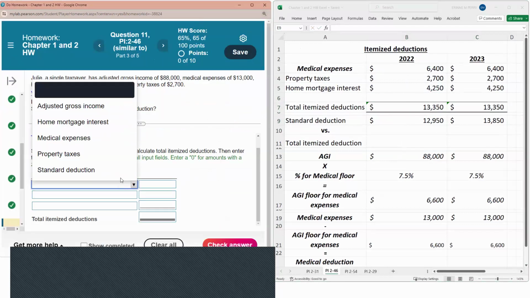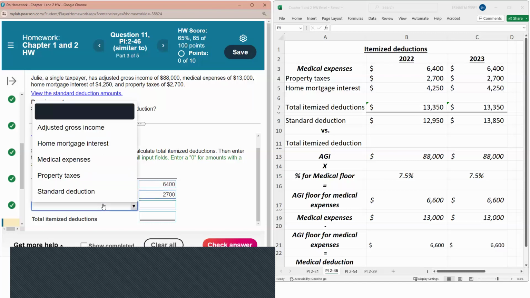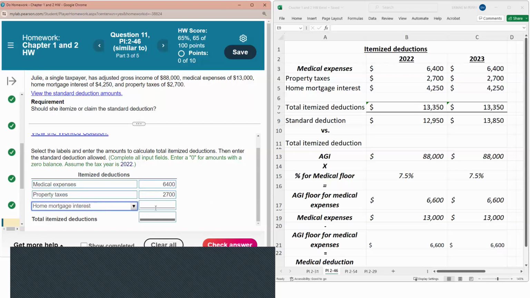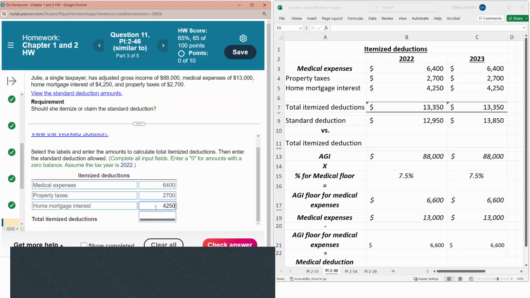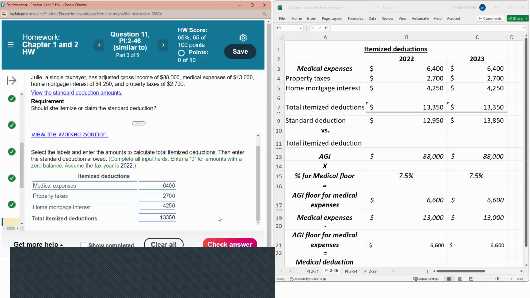We start off with our medical expenses. We calculated the medical expense, $6,400. We have our property taxes of $2,700. And we have our mortgage interest of $4,250. So therefore, the total itemized deductions is $13,350.